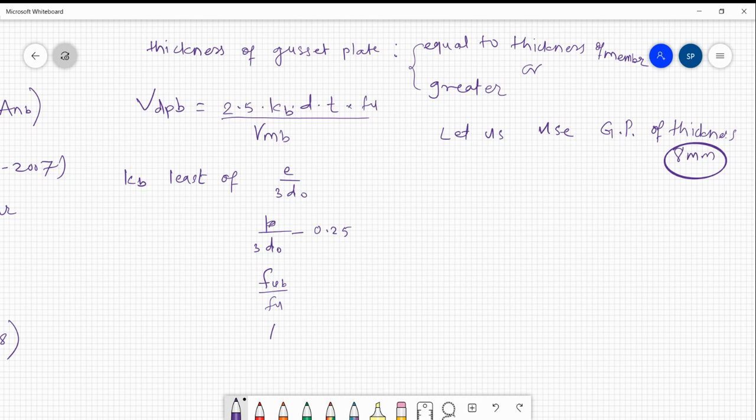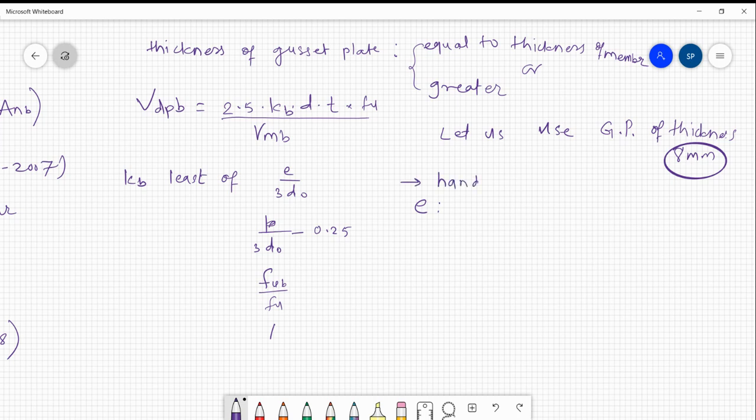Now we will go for calculation of KB first. Now E, this is the edge distance. Now here again you will have to assume whether the edges are hand cut or machine cut. So depending on that you will have to decide whether edge distance is 1.7 or 1.5. So let us assume edges to be hand cut.